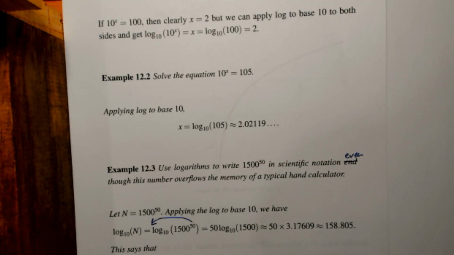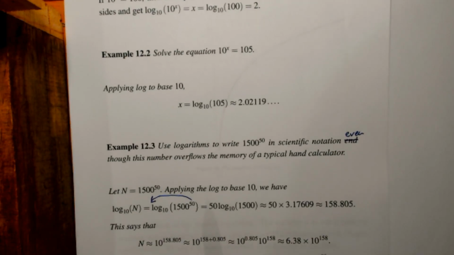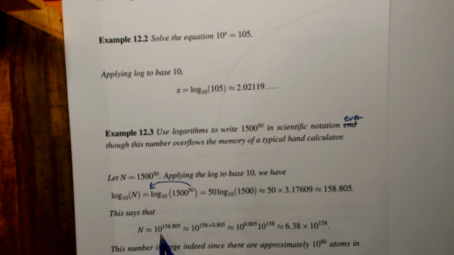Okay, now back to what N is. So what we've just done is worked out that N is equal to 10 to the power of 158.805. Now we want to pull out the integer part of this, separate this as a sum of the greatest integer, which would be the floor of this number, 158 plus 0.805 and so on.